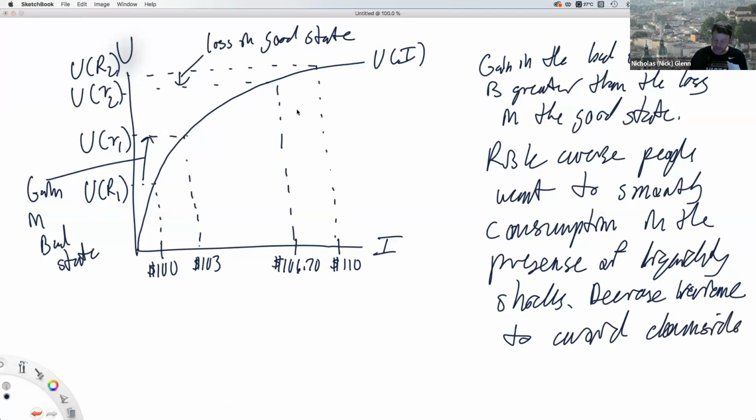It's not that they wouldn't be fine with this increase in income they would have gotten in the good state. Right? But they worry about this loss here. They want to gain in this bad state instead of gaining in this good state, because it gives them more utility here. This is the way risk-averse people are. They're more concerned about being able to pay their bills. They don't want to get behind on their bills. Yeah, it'd be nice to have a little extra wealth, buy a few nice things, but it's better safe than sorry.